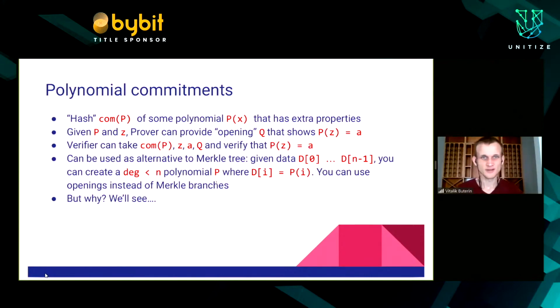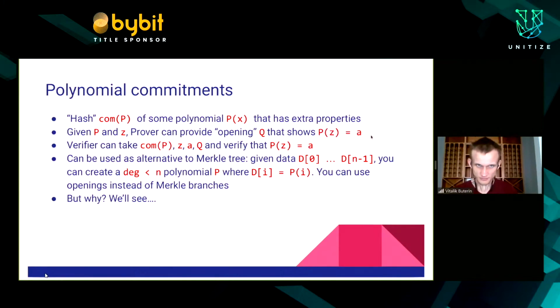So one of the main properties is that if you give someone a commitment of P, and the prover has the actual polynomial P and a coordinate Z, the prover can provide an opening proof Q. And if the verifier has this opening proof, they can use that to prove that P of Z actually equals A, right?